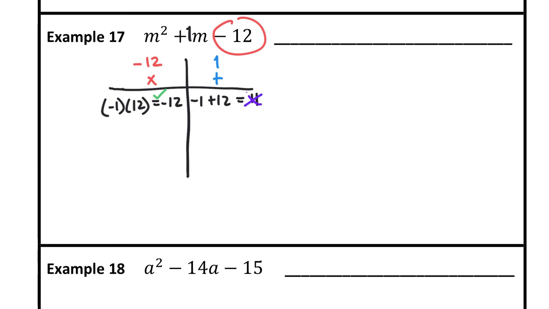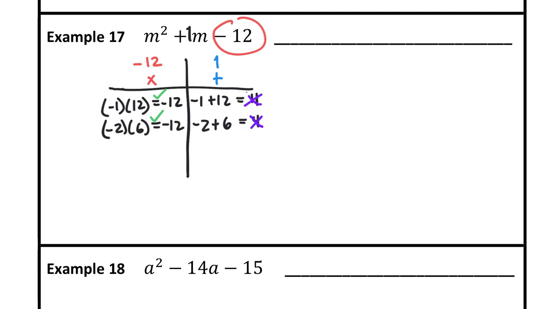Okay, so we do kind of trial and error. We could try -2 and 6. Does that give me -12? Yes. But what do I get if I add the two numbers, -2 and +6? That gives me +4. But I want to get a +1.